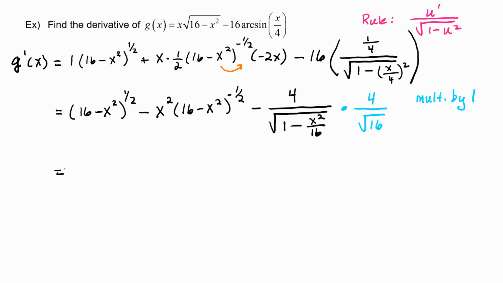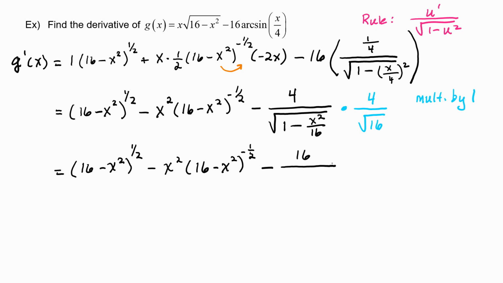So now we have the quantity 16 minus x squared to the 1/2, minus x squared times 16 minus x squared to the negative 1/2. And now this will become minus, in the numerator we have 4 times 4, which is 16.